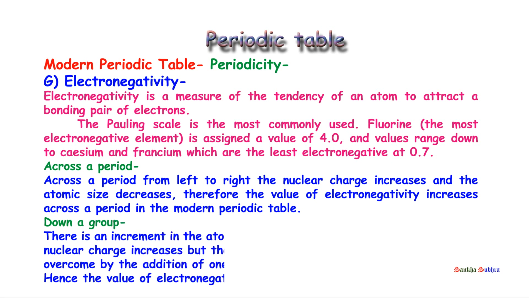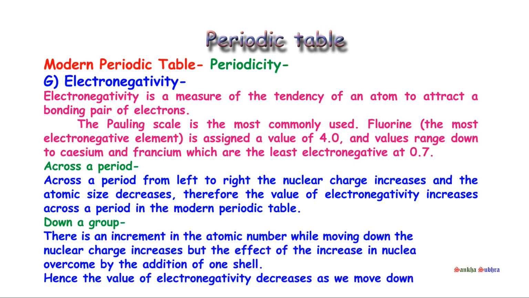But down a group, the size of the atoms increases. As a result, a lesser attractive force is applied on the outermost electrons, so the electronegativity is reduced and the electropositivity is increased.